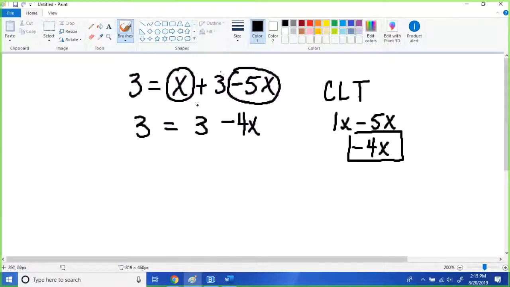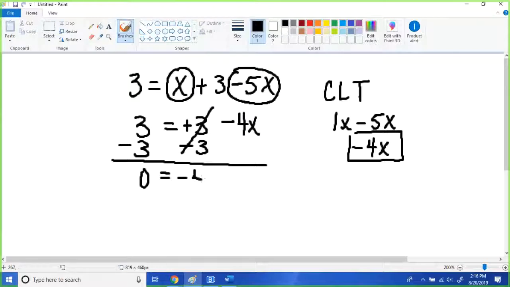Okay, to move 3 to the other side of the equation, we're going to do the opposite operation. So I'm going to have a negative 3 on both sides. Working left to right, 3 minus 3 is 0. Bring down your equal sign. 3 plus a positive 3 and a negative 3 is going to cancel. And we're going to bring down a negative 4x.